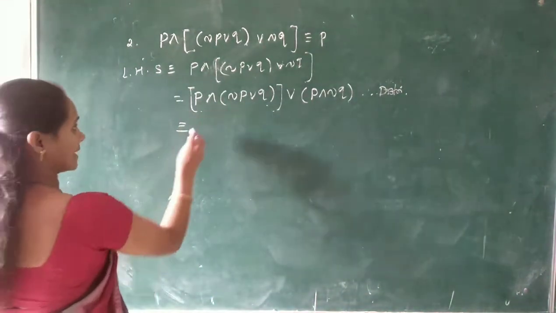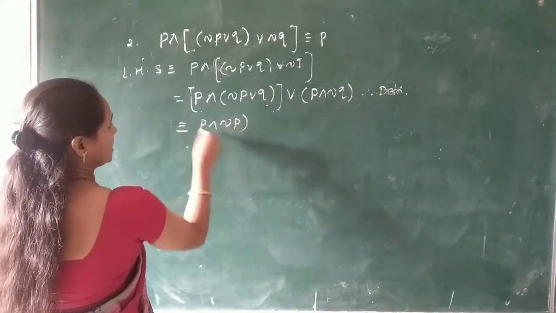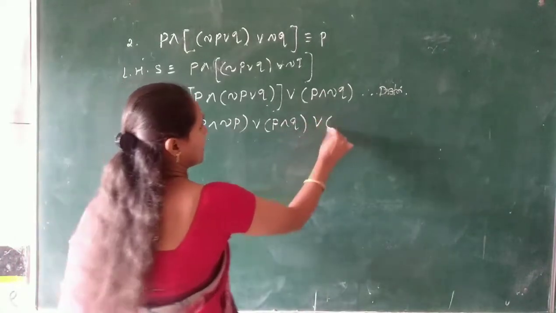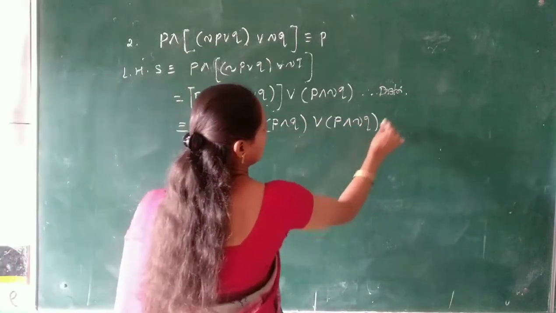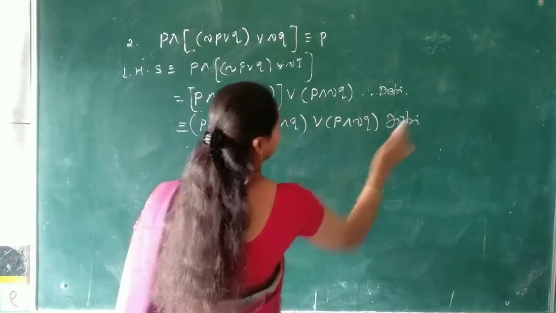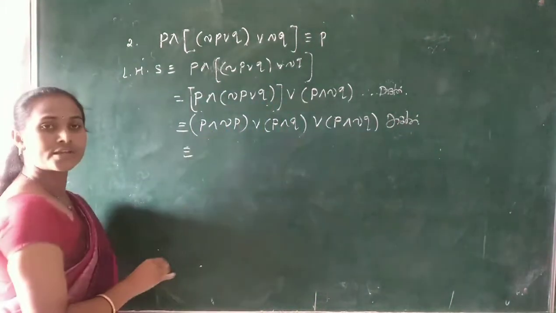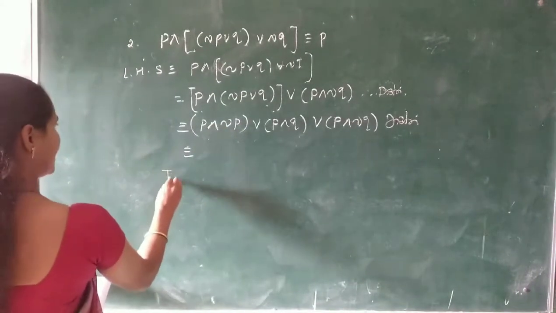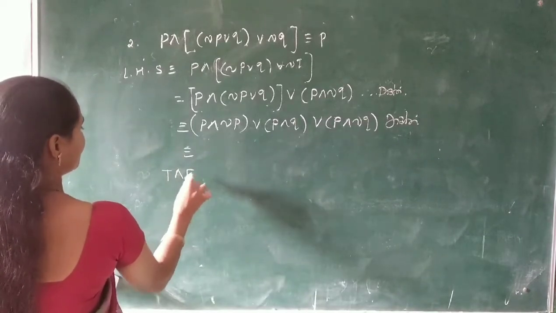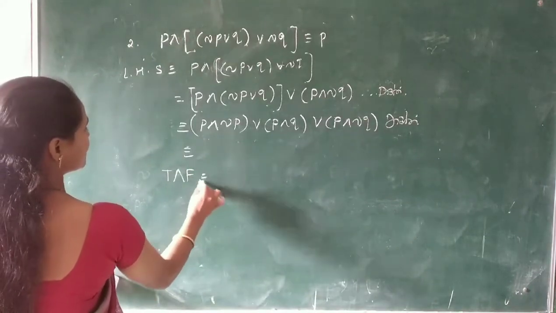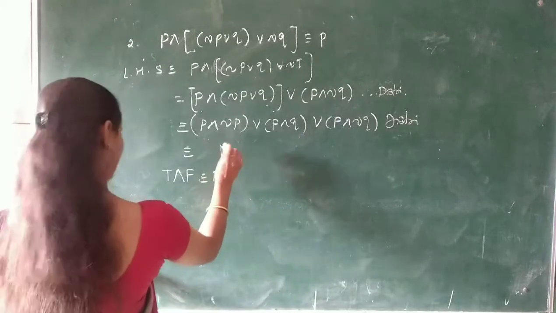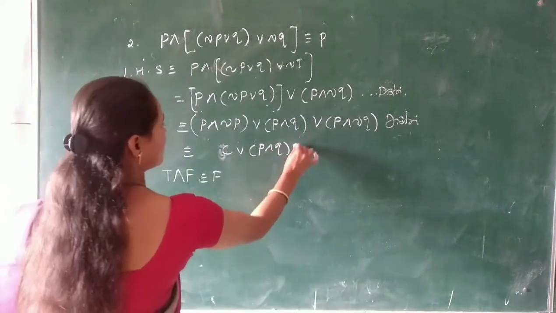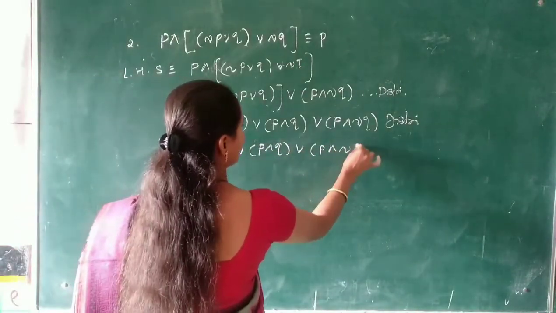Now again distribute this bracket. P and ¬P or P and Q, or this P and ¬Q as it is, which is called distributive laws. Now P and ¬P: if we take P is T and ¬P is F, and in conjunction T and F is F. So F, or we write here C, or P and Q, or this P and ¬Q as it is.